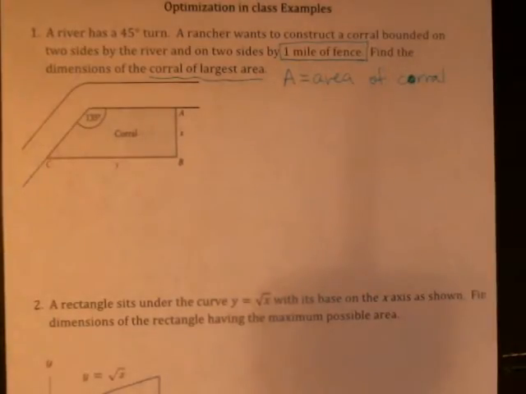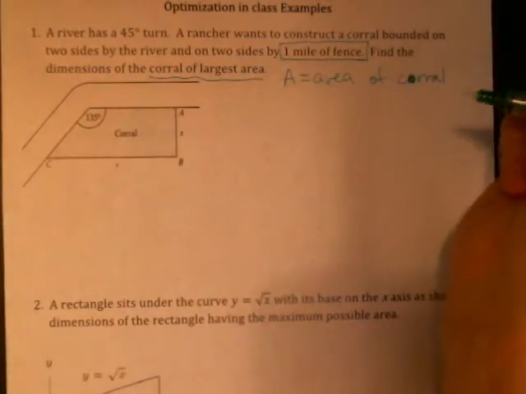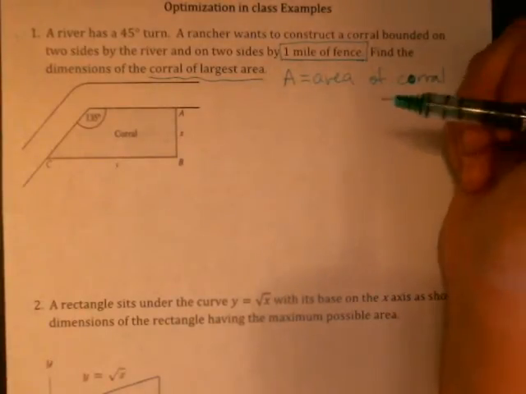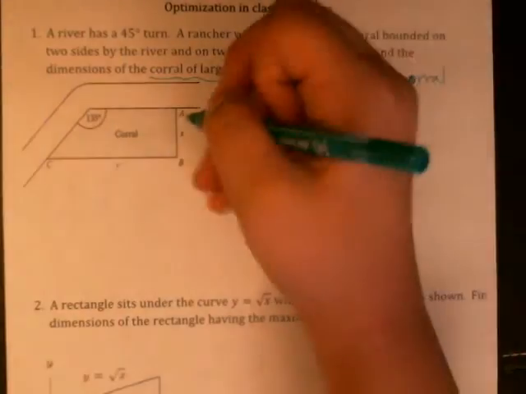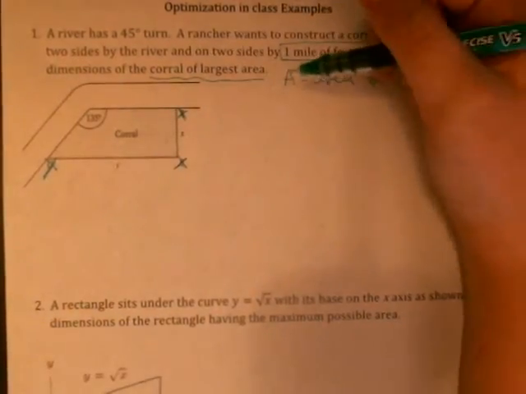We can start working our way up to how we would find the area for a corral, and hopefully along the way we'll decide what we want as a variable. Let's scratch out this ABC because I don't need those, and I don't confuse that A with that A.